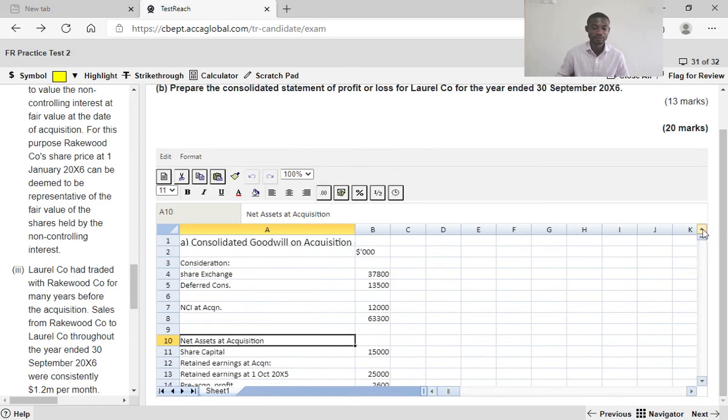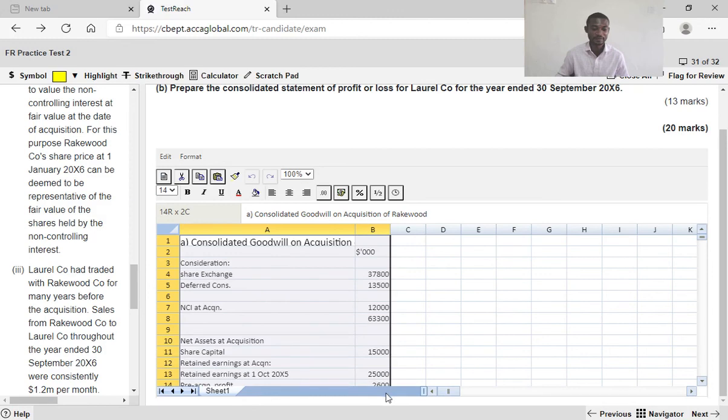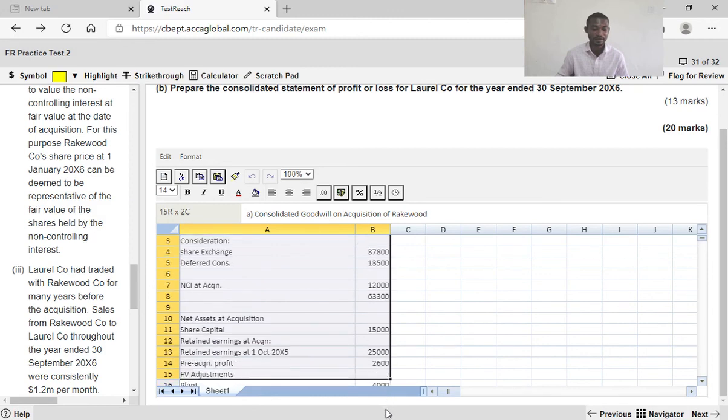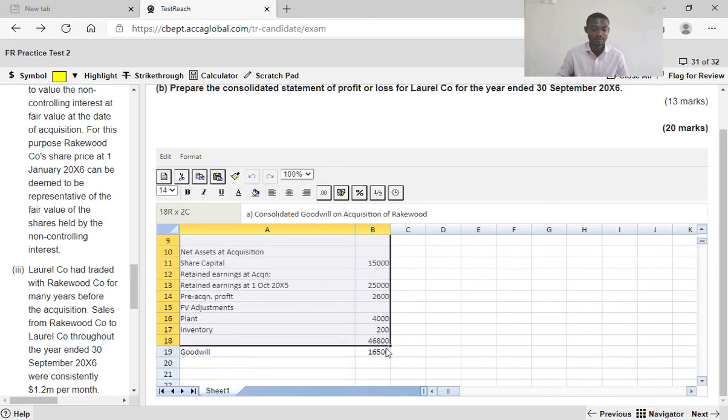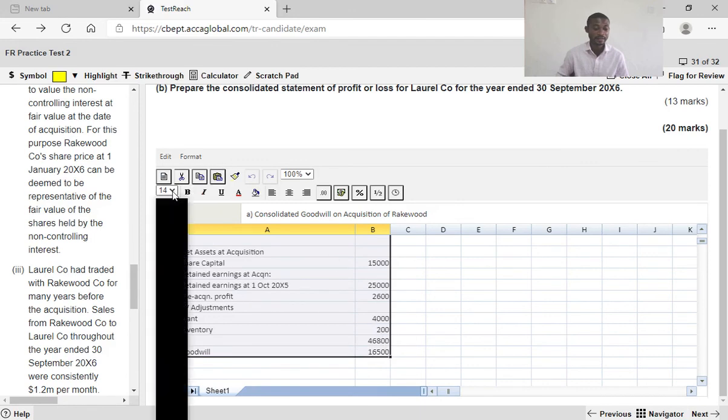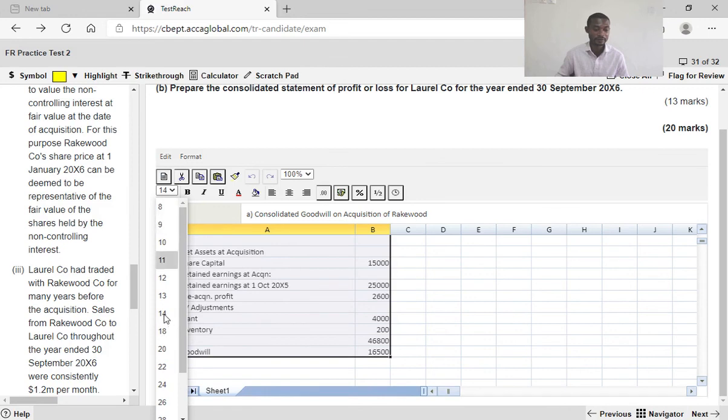I want the font to be a bit bigger, so you can have a good look at it.